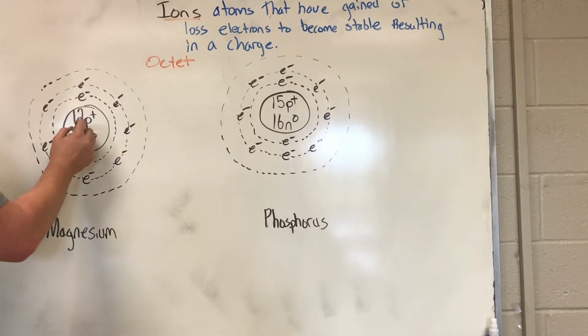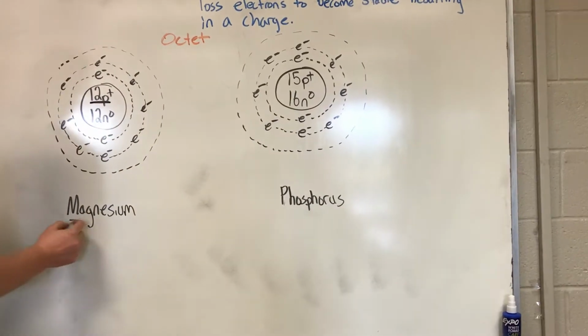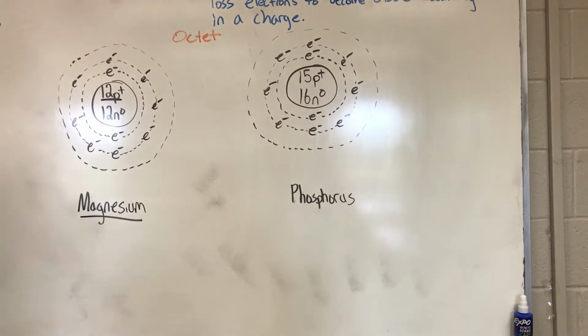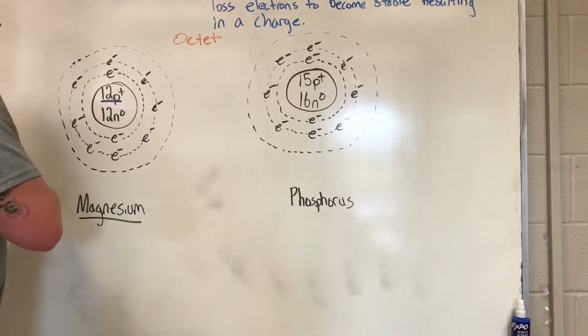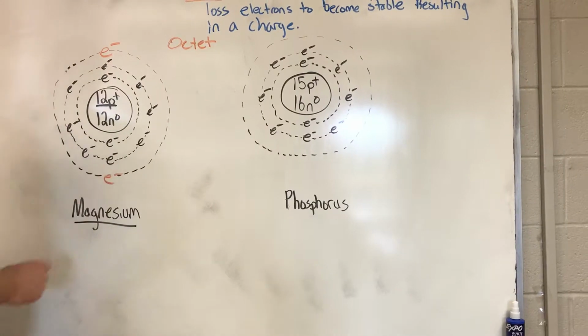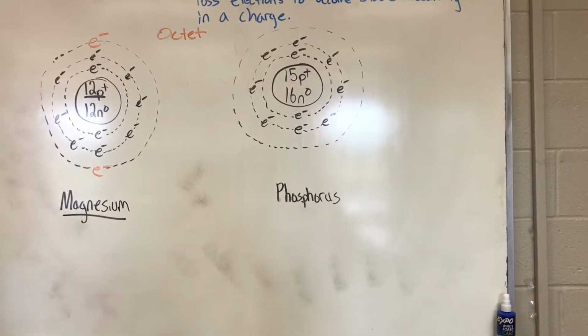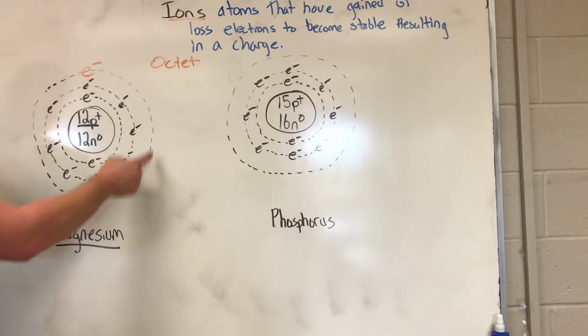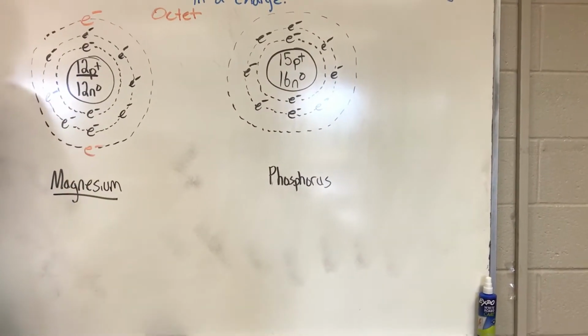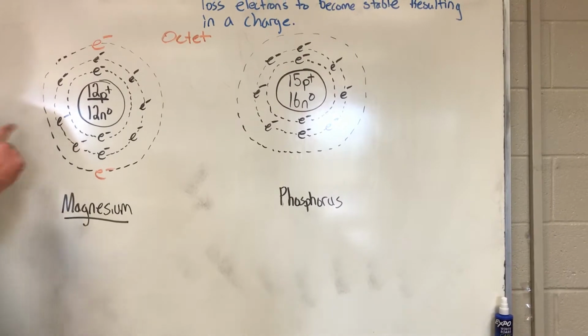This here has 12 protons, so we know it's magnesium. If we look at the periodic table, we see magnesium is in group 2, which means that it has 2 valence electrons. It wants to have an octet, so it has 2 options. It can fill the orbital it's in now by adding 6 more electrons, or it can lose 2.